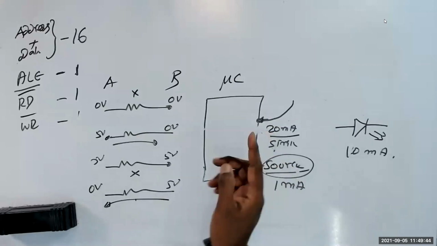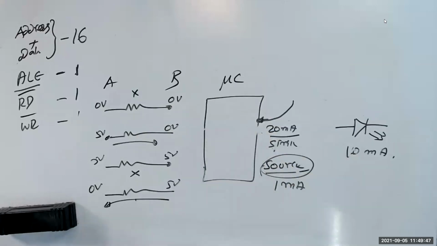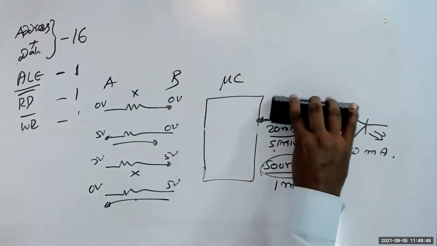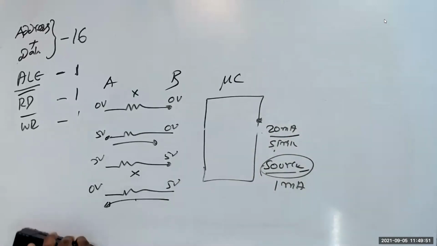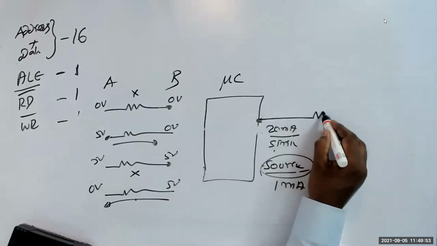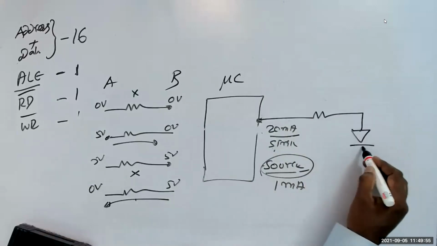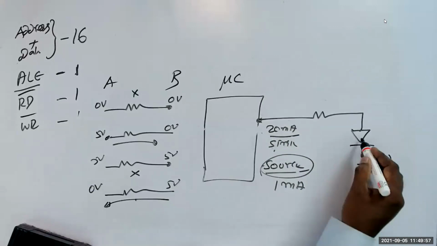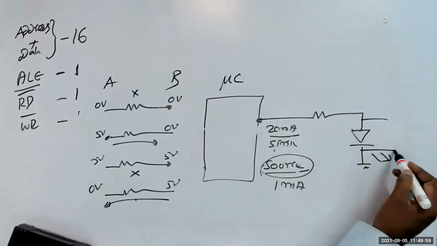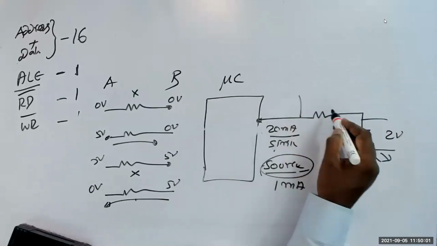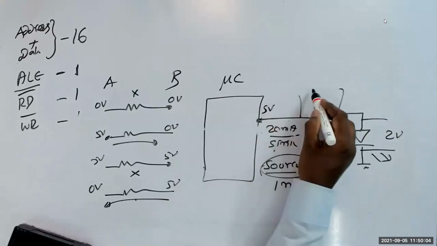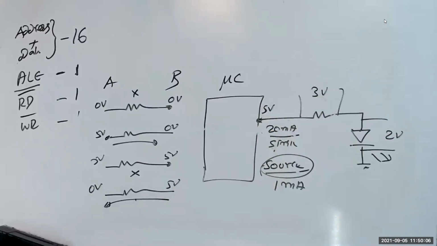Now, the microcontroller manufacturer has told you that my source current is 1 milliampere, my sink current is 20 milliampere. How do you connect the LED? If you connect the LED like this, if the LED is a red LED, this is 2 volt, and you are applying 5 volt here. This is given 3 volts. This we discussed in the class.